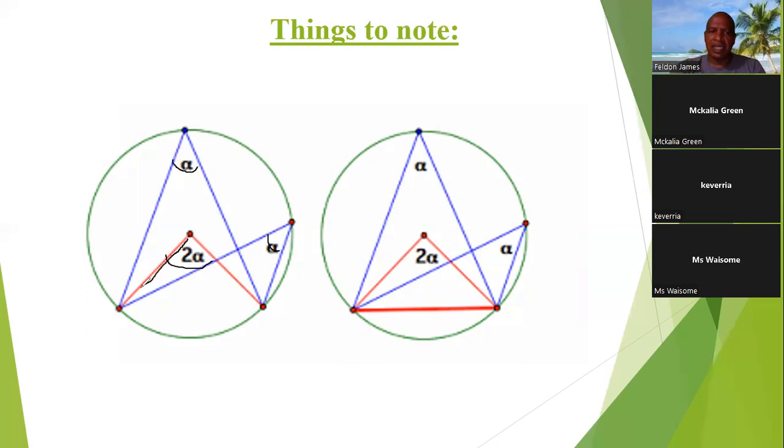So if you take out this sector, that's one sector. The angle that forms at the center of that sector, and the one that forms in the remaining sector at the circumference, is going to be half that one.